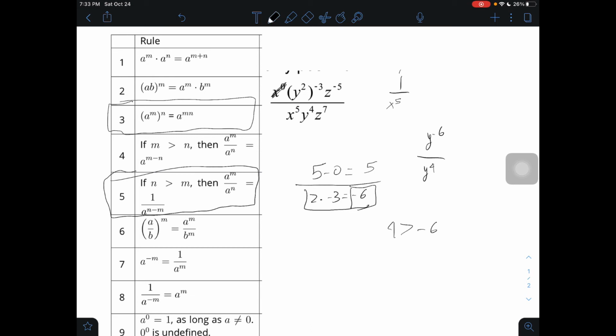So we have our n as being 4, and that's going to be subtracting negative 6. 4 subtracting negative 6 essentially means 4 plus 6, because the two minuses make a plus. 4 plus 6 equals 10.